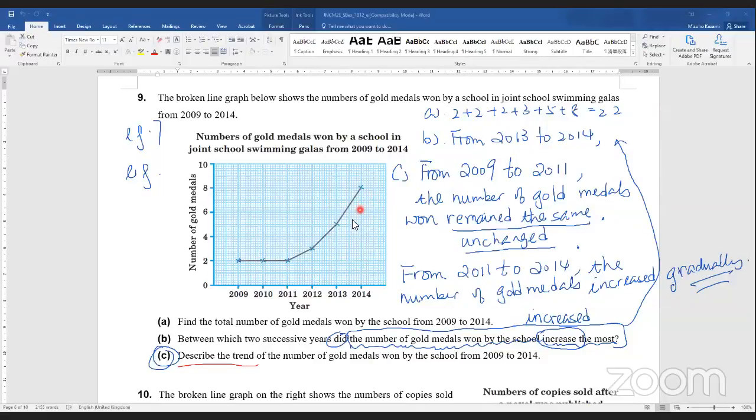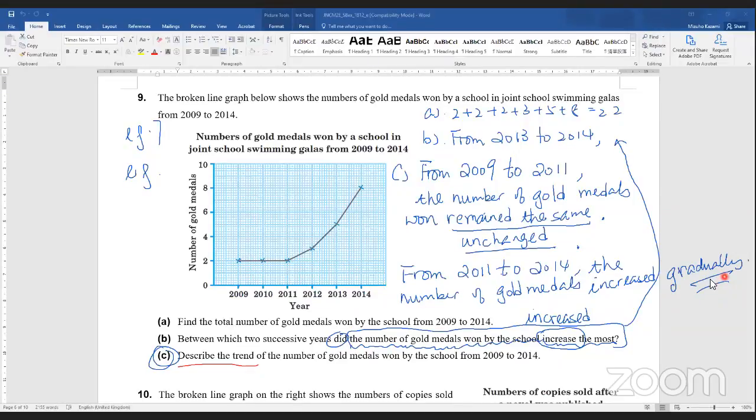Therefore, there was an increase, but the increase was not very sudden. It increased more and more, bit by bit. Therefore, in this case, we use this word. You need to learn these words actually.